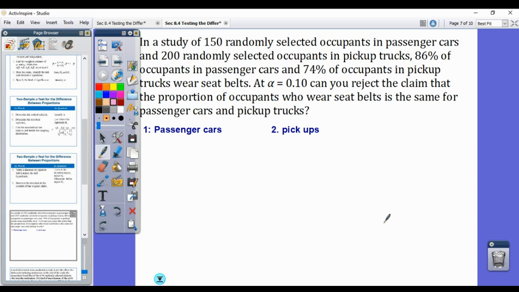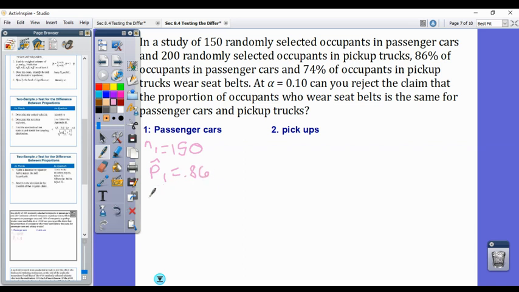Okay, so we have 150 passenger people. We have P hat sub 1, which is 0.86. That's backwards.